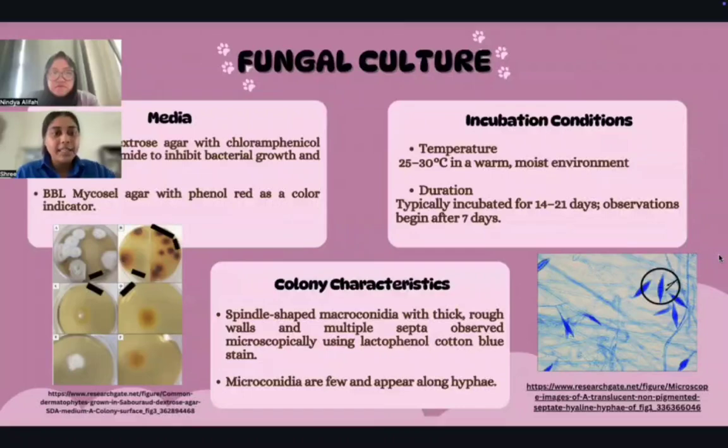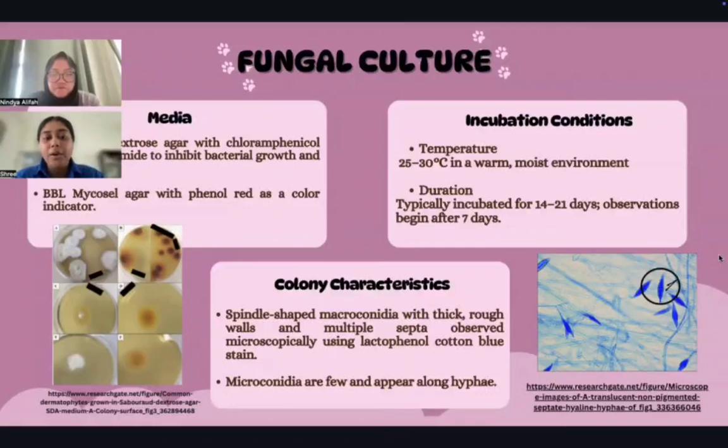If you can see, there are pictures of the media and how the colony appears. The colony is characterized by spindle-shaped macroconidia with thick, rough walls and multiple septa, observed microscopically using a lactophenol cotton blue stain.